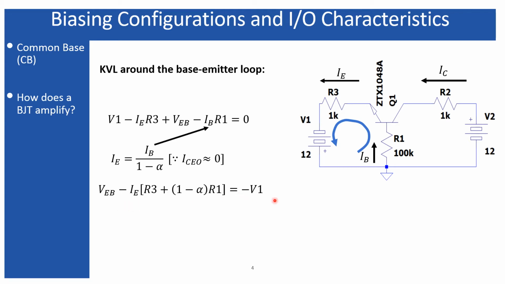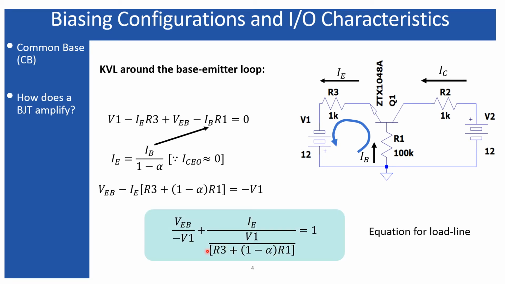Now if you divide this equation by this minus V1, this equation will be resulted, where for the input characteristics this is the x-axis and this IE is the y-axis. That means this equation represents a straight line, and that we know is the equation for the load line also.